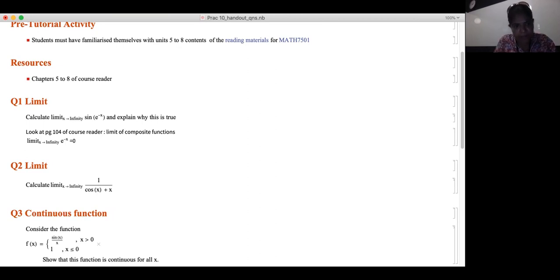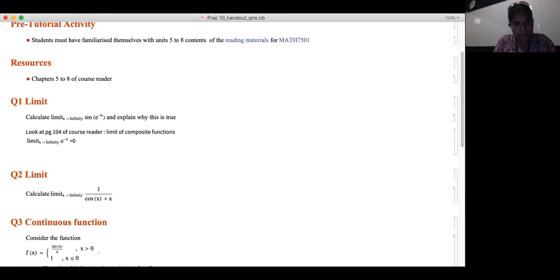theorem, or definition. Then check whether f of x, f of 0 is continuous.